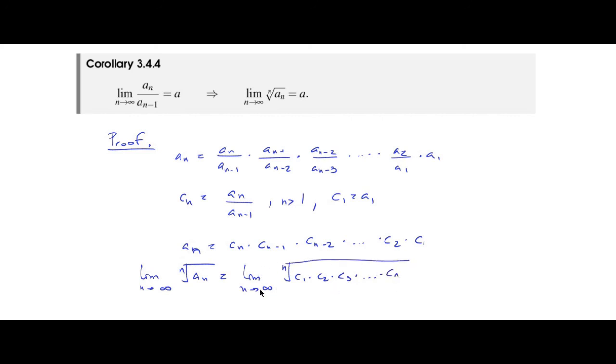But we have seen this in the previous corollary. We know that this is the same as the limit of c sub n. But the limit of c sub n is just a sub n divided by a sub n minus 1, okay? So if the limit of a sub n over a sub n minus 1 is a, this is just a, which completes the proof.